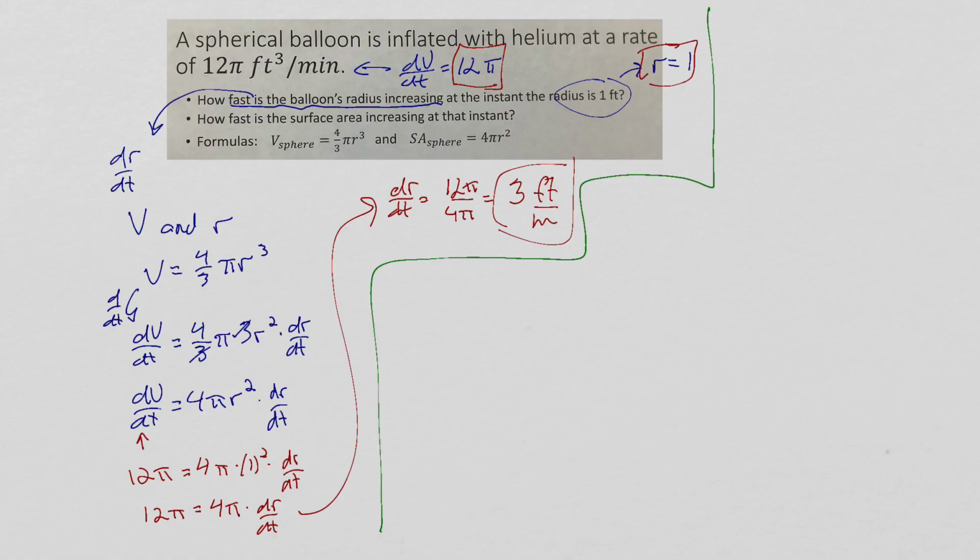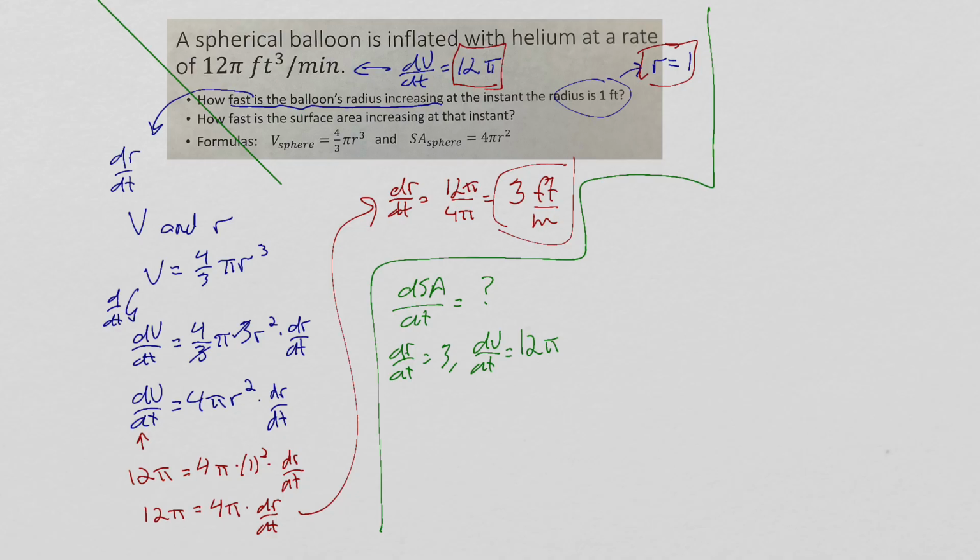I want to know dSA dt equals what? And I know that dr dt equals 3. That's from the previous one, what I solved for right here. I also know that dV dt equals 12 pi. I can use either one or both.